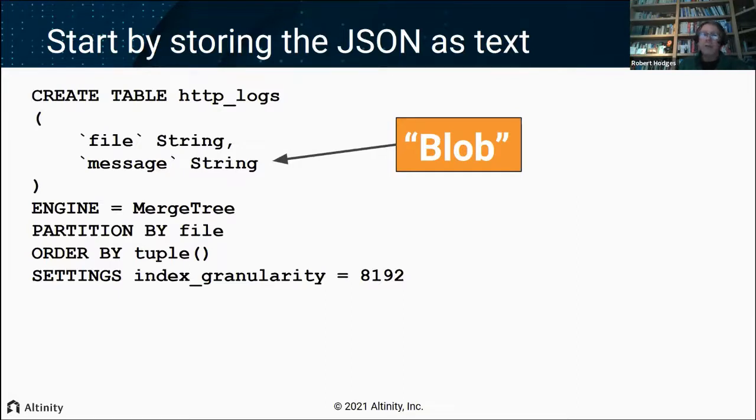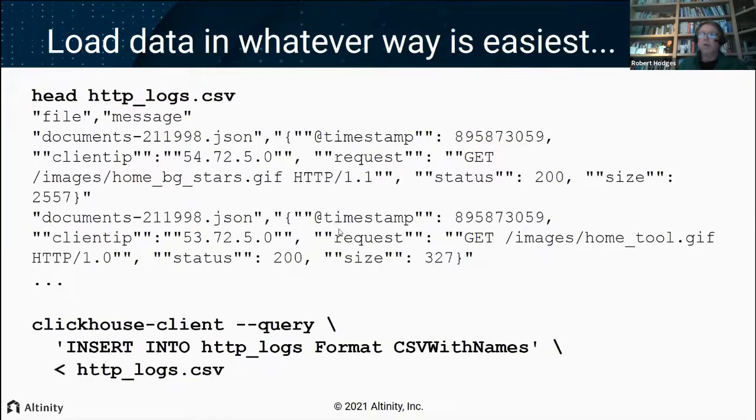And in fact, if you do this, you can load any JSON data. It doesn't matter what the messages are. This is an example of that data in CSV format. It looks pretty awful, but it's whatever's easiest for you to load.